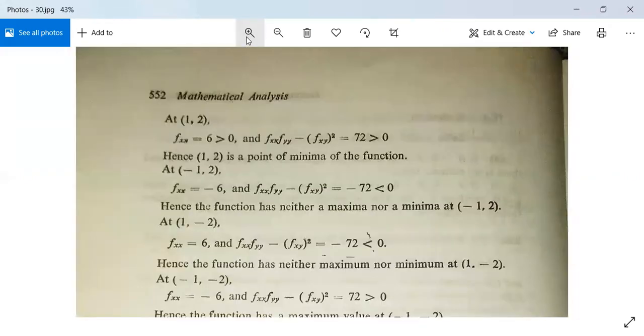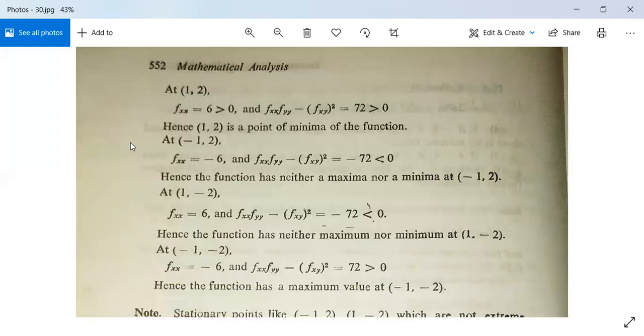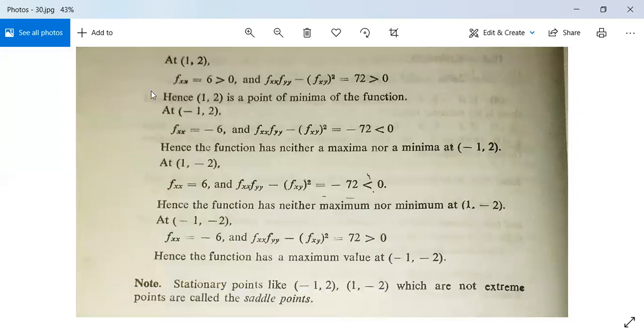Now we will evaluate the values at various points. Suppose at (1, 2), fxx is equal to 6, which is greater than 0, because fxx was our 6x. At x is equal to 1, it will be 6, greater than 0.